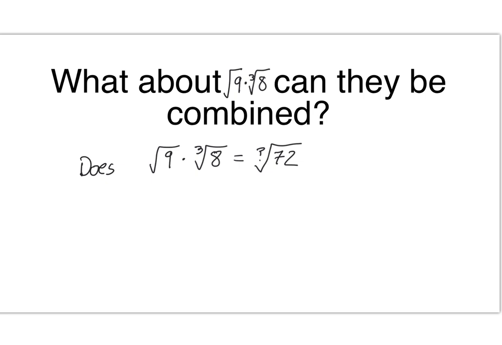Well, this would be 9 to the 1/2 and 8 to the 1/3. What I did on the previous slide, I'd say, if they were the same, I could combine them. But when they're different, they cannot combine. So this is not going to be equal to 72 to some power.